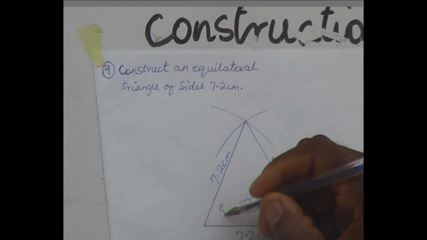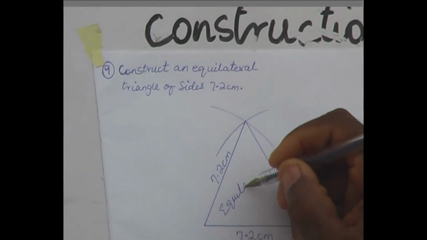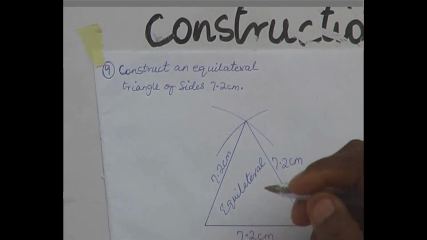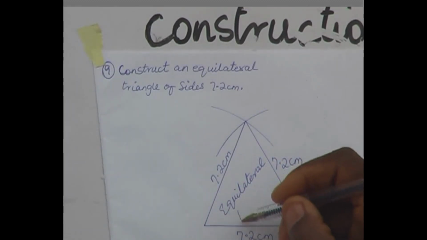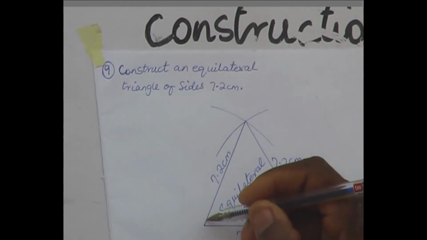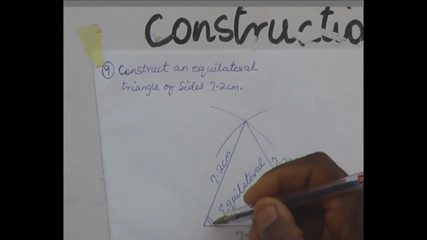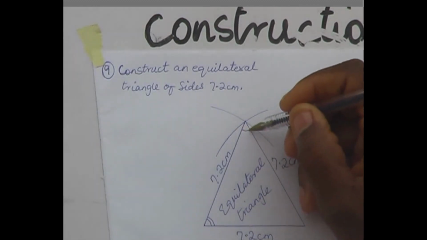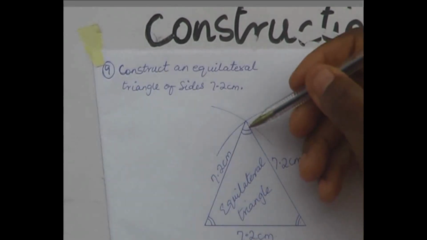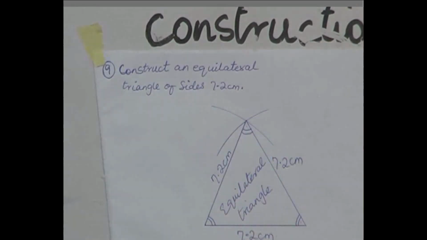And this is an equilateral triangle, a triangle that has all its sides equal to themselves. And it also has all its angles equal to themselves. These 2 strokes that show angles mean that this angle is equal to this angle and is also equal to this angle.